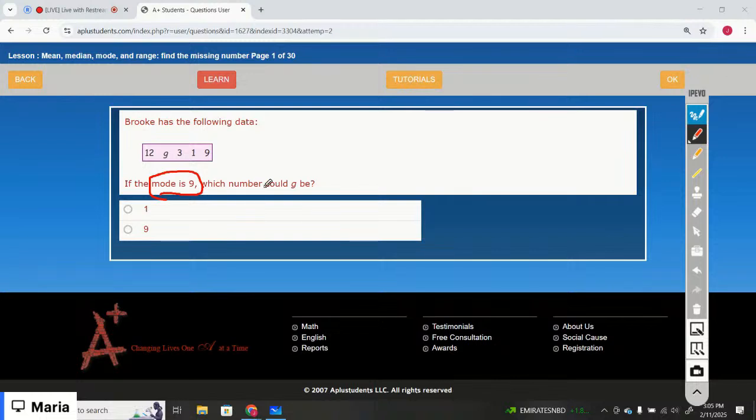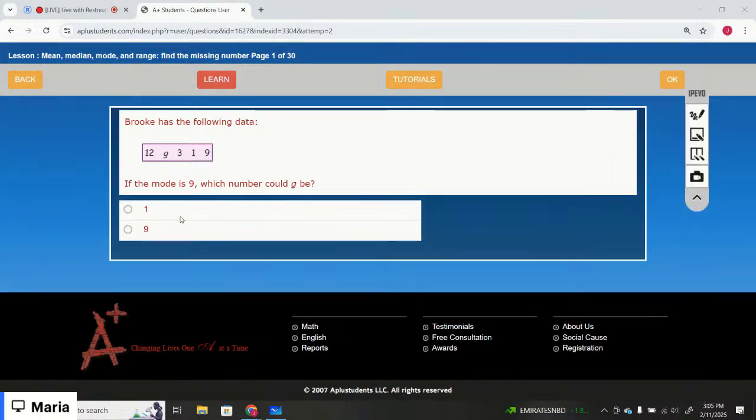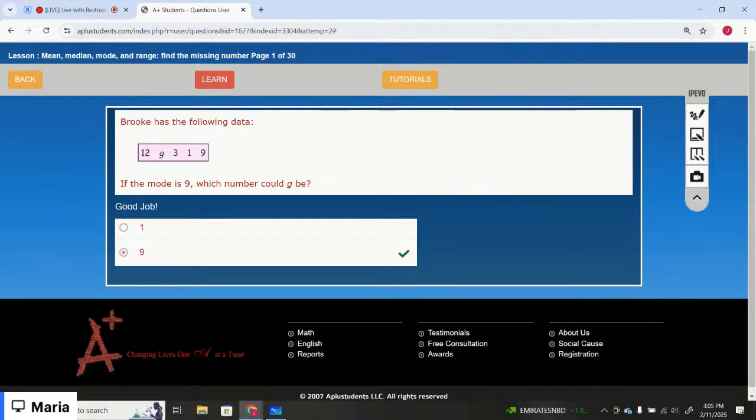So that means 9 is only one time here. That means the other number is also 9. So mode is 9. Option number 2 is the correct option. The correct option is 9.